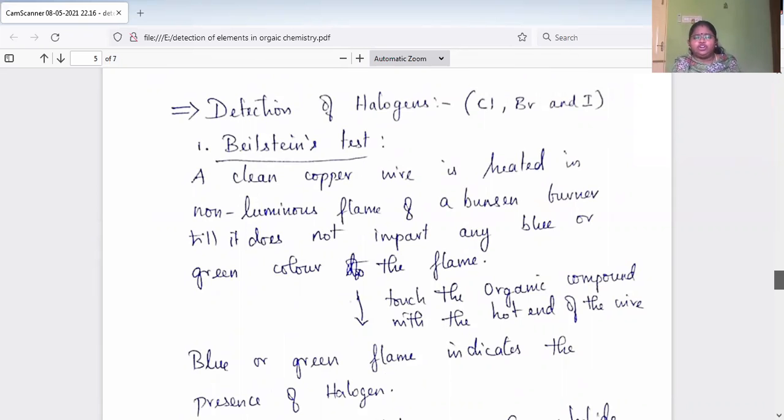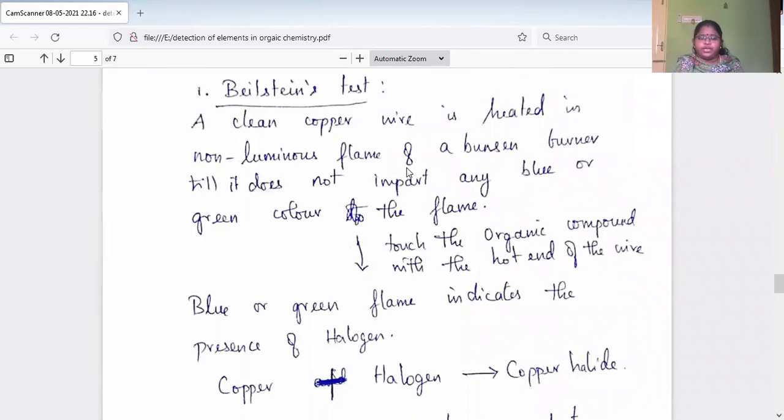You take a clean copper wire and heat it nicely in the non-luminous flame, which means the blue flame. Luminous means the yellowish-orange flame; non-luminous is the blue flame on top.